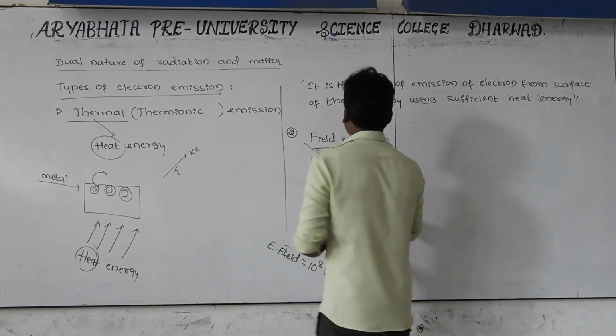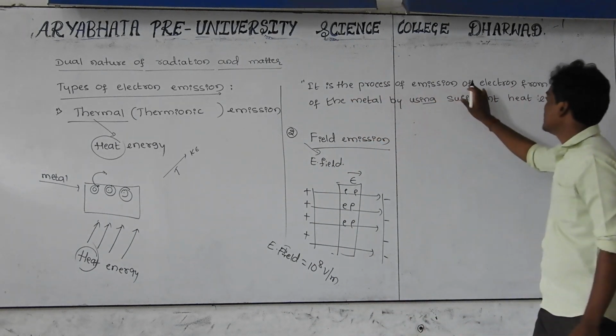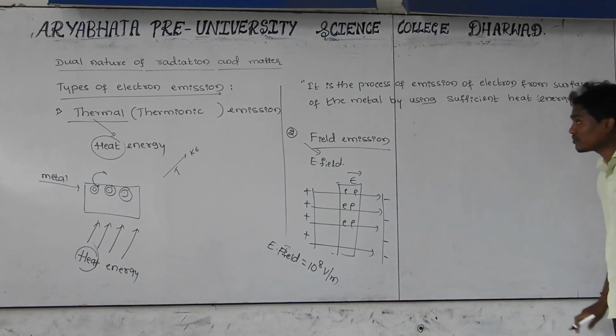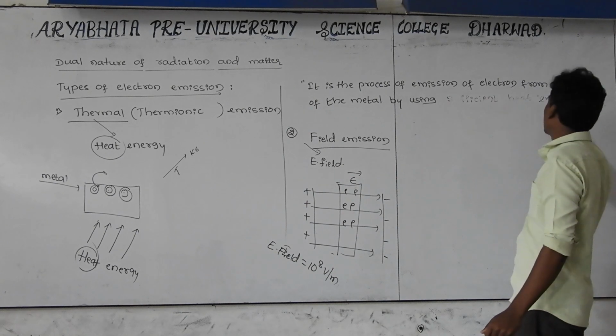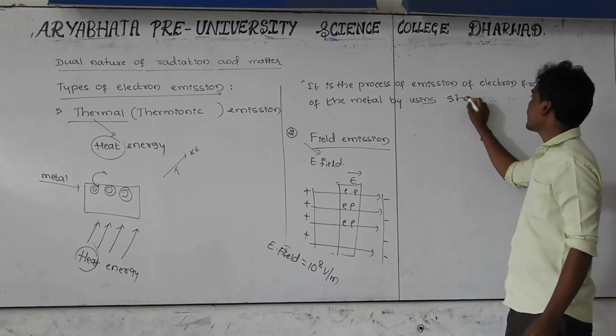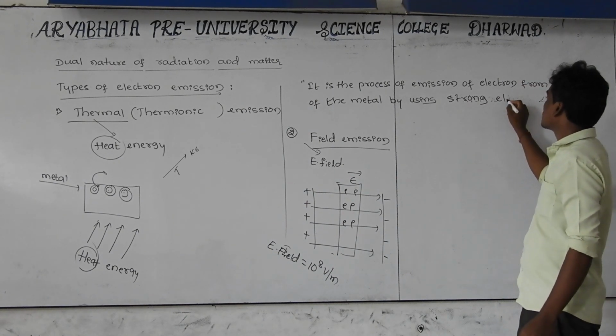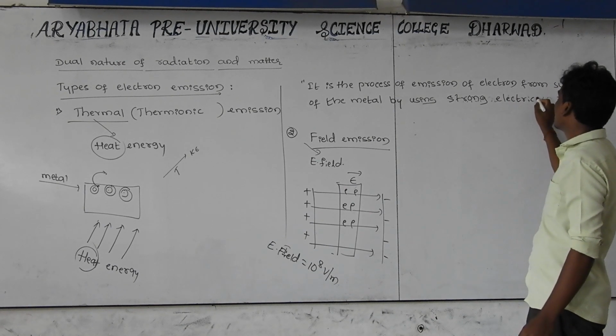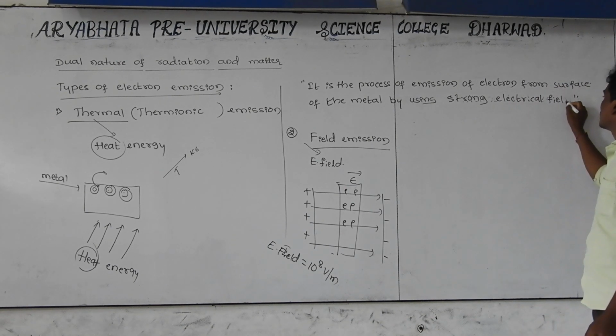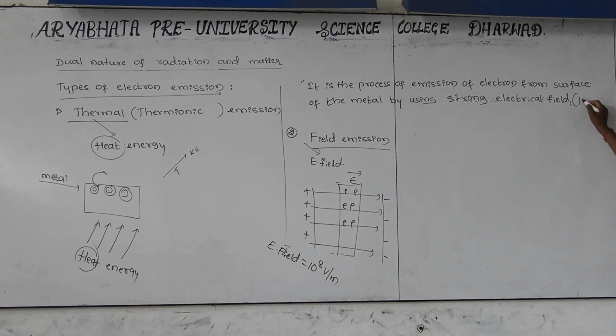And what is the definition? It is the process of emission of electron from the surface of the metal by using a very strong electrical field, that is of the order of 10 to the power 8 volt per meter.